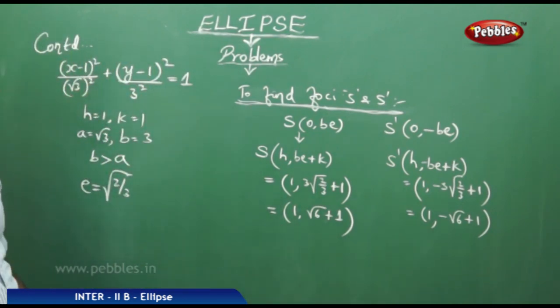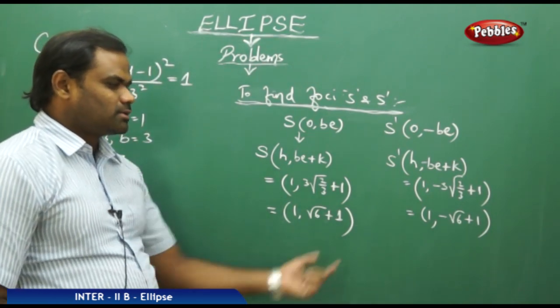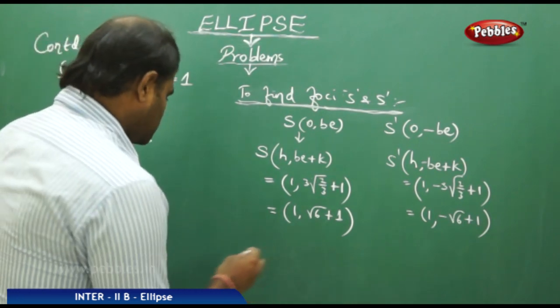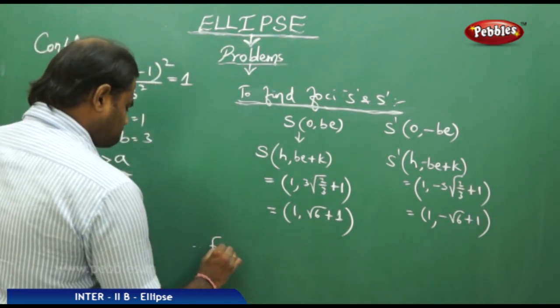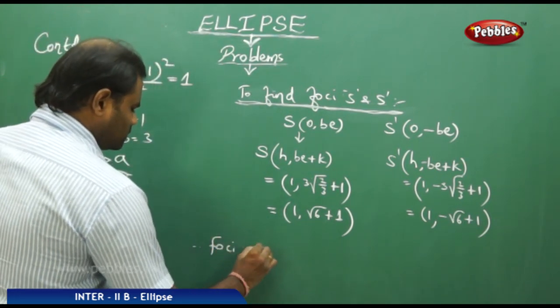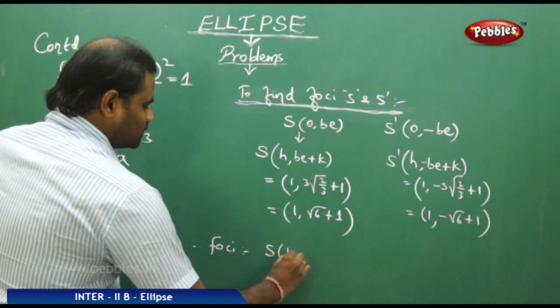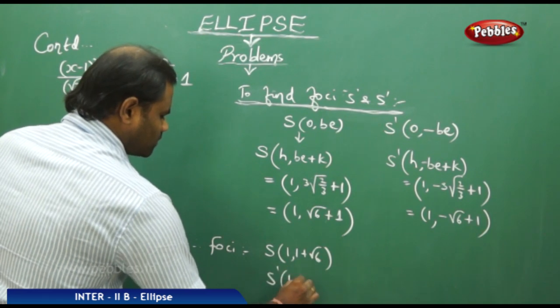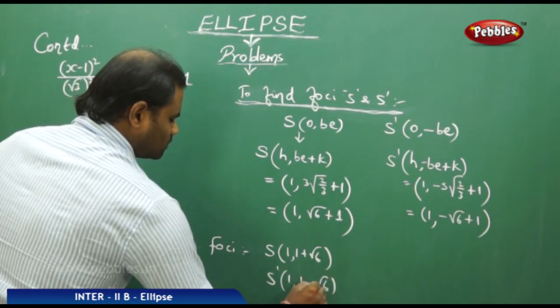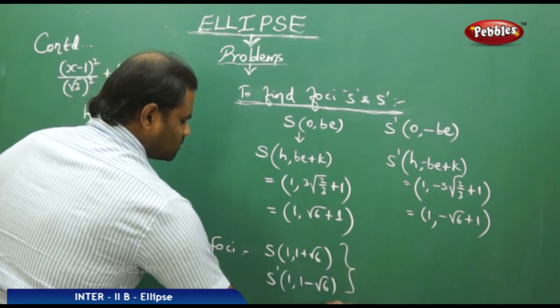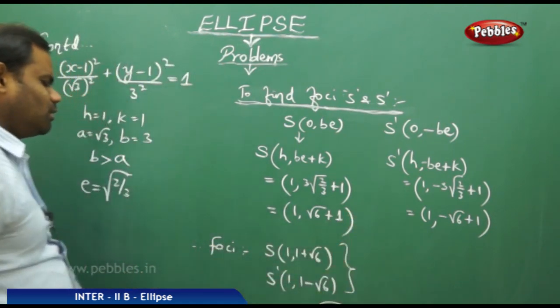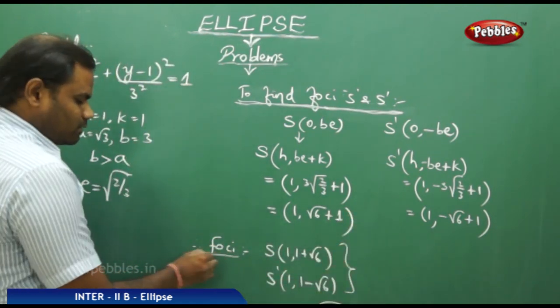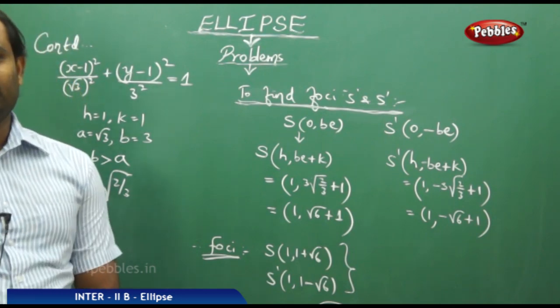So the foci are (1, 1 plus root 6) and (1, 1 minus root 6). This is how we identify the foci of the given ellipse.